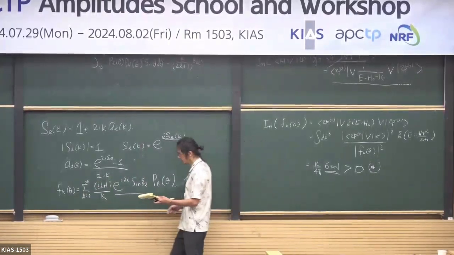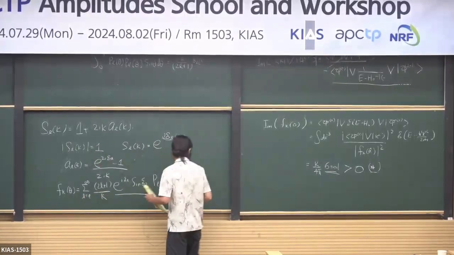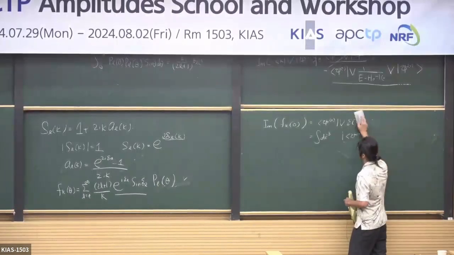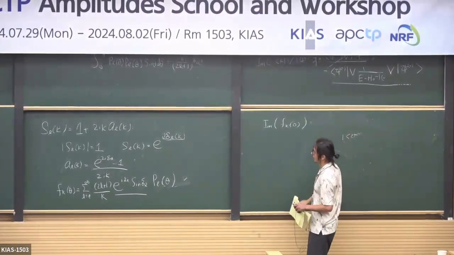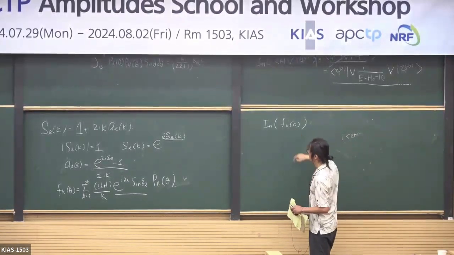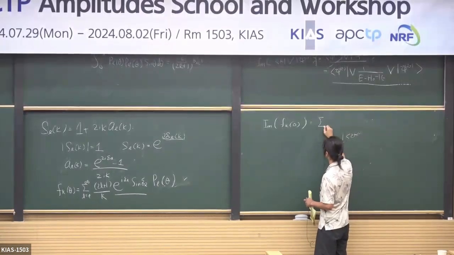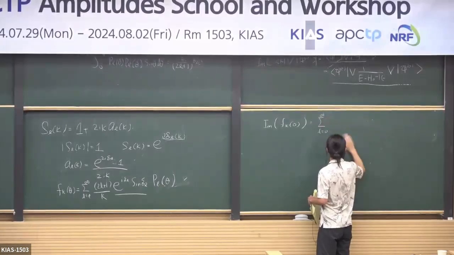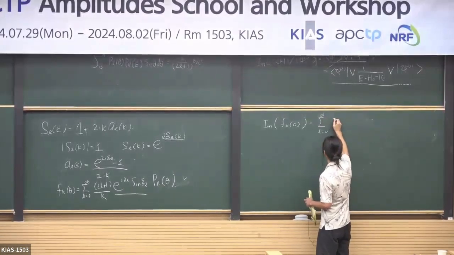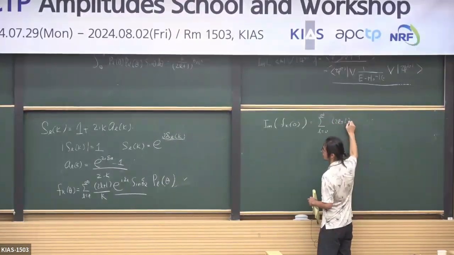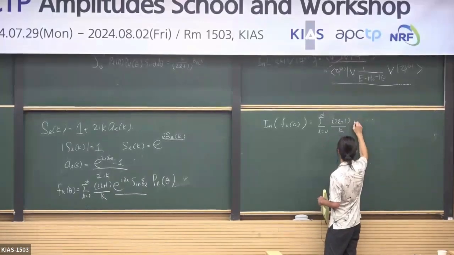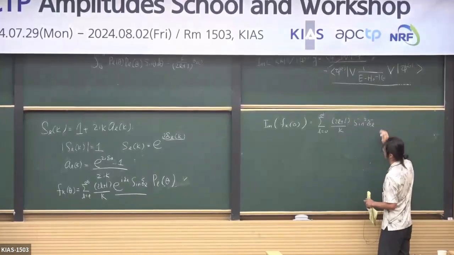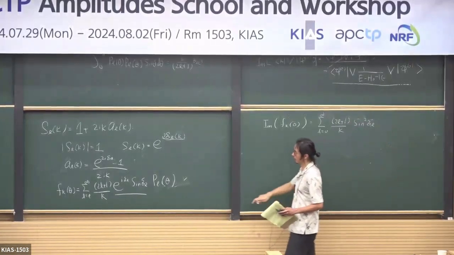So you can see that that's proportional to the total cross section, which let's just write out explicitly. So again, we have the optical theorem. The imaginary part of f_k(0) is going to be equal to the sum from L equals 0 to infinity of (2L+1)/k sin squared δ_L. P_L(θ) is just going to be 1.